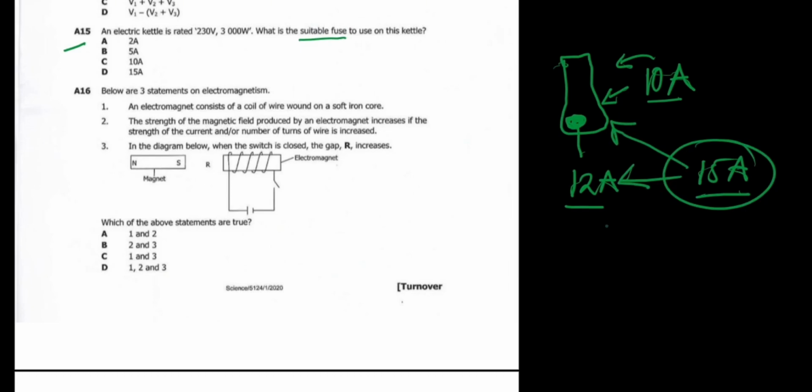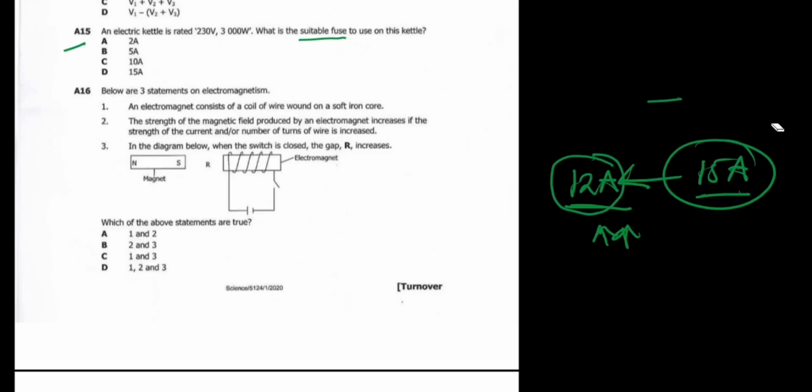It sacrifices itself at the expense of this entire electrical appliance. And when it is destroyed, you can actually replace it. So that's how the fuse operates. So make sure you understand that the rating of the fuse has to be slightly above the actual current that is flowing into the electrical appliance.